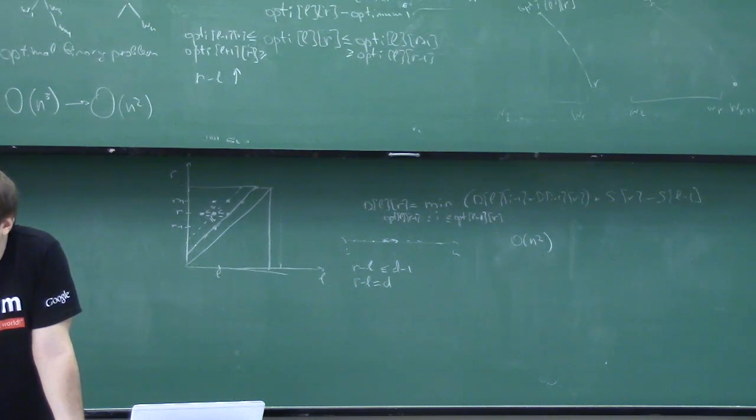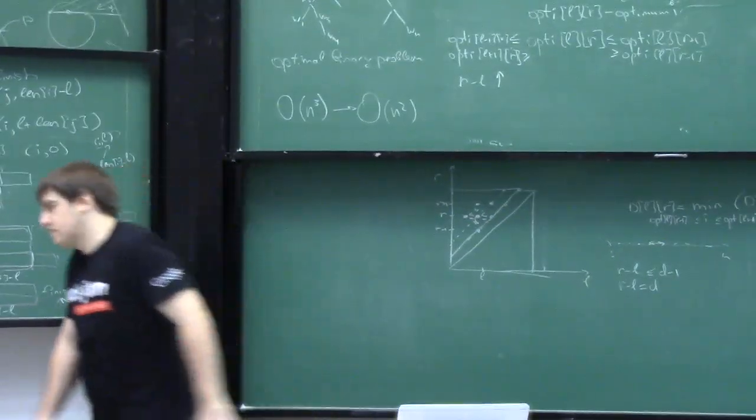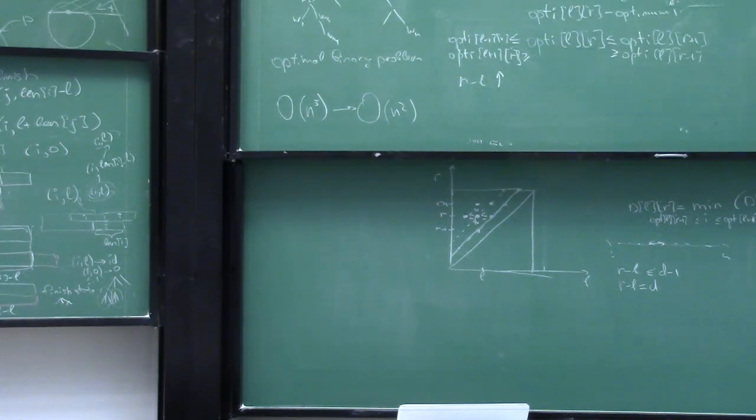So this is, yeah, the base case is written differently. Let me check. What is different? The base case of the DP should be 0.